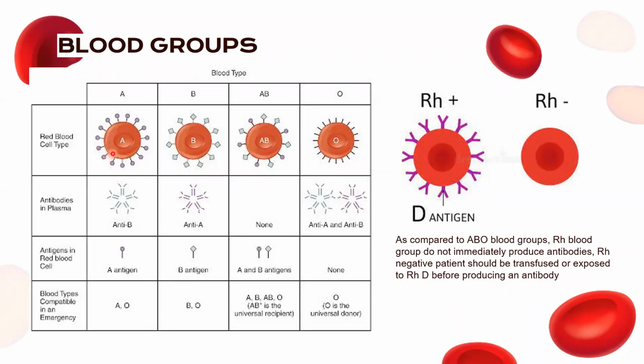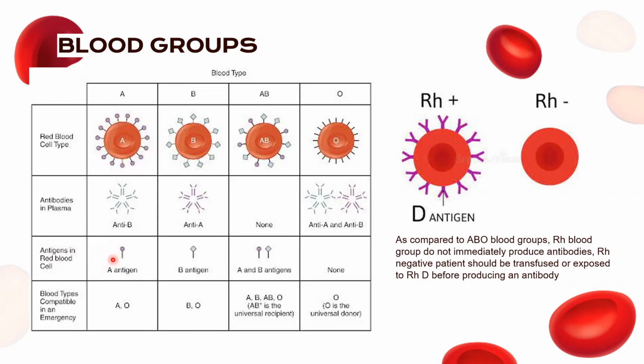The ABO blood type has A, B, AB, and O blood types. They are categorized according to the antigens that are found in the red blood cell. You could see here the different circles.